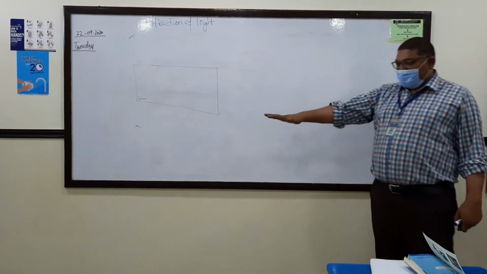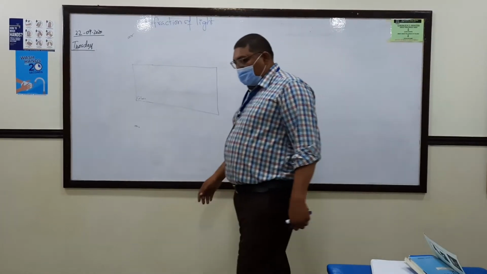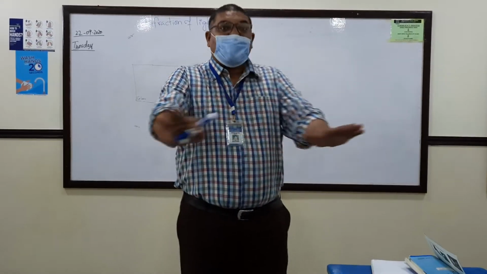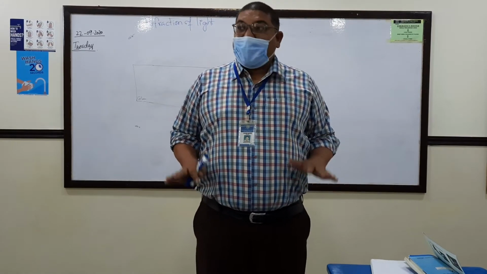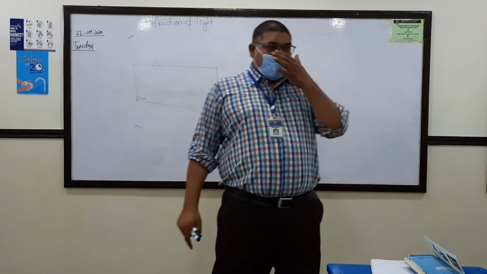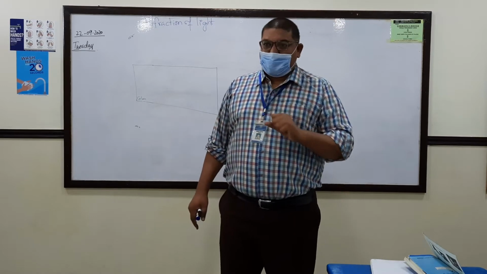So I have a glass slab and I have placed it on a paper. I have a white paper pasted on a drawing board, and I have placed a rectangular glass slab.